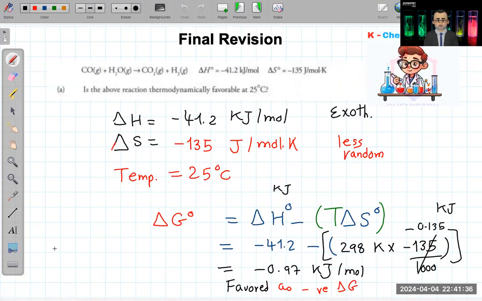There is a point at which the reaction is at equilibrium, and there is a point at which it is favored, and there is a point which is unfavorable. Now he is asking me at which temperature it will be unfavorable.